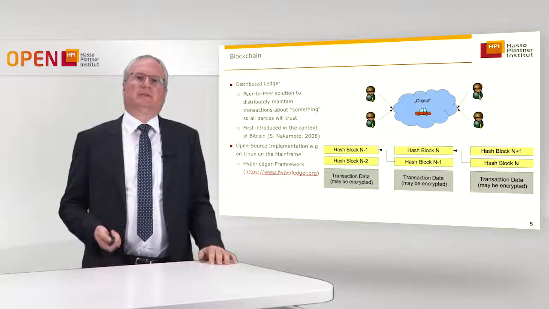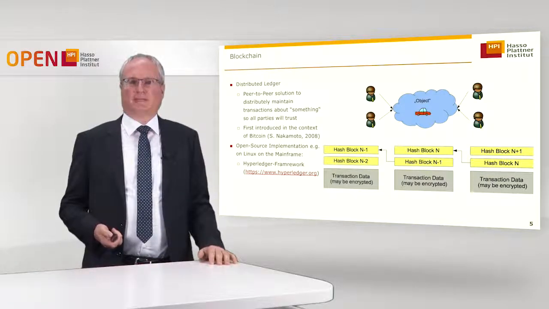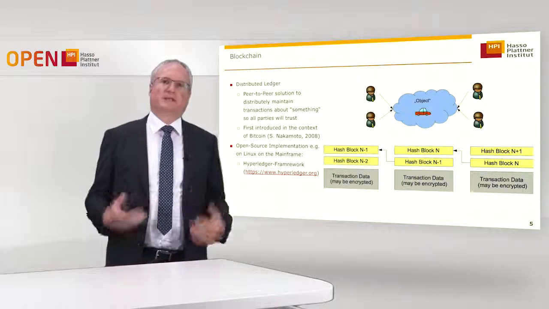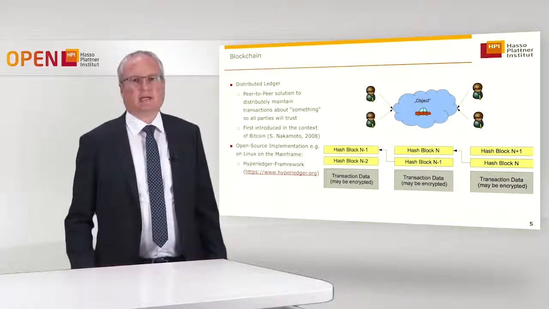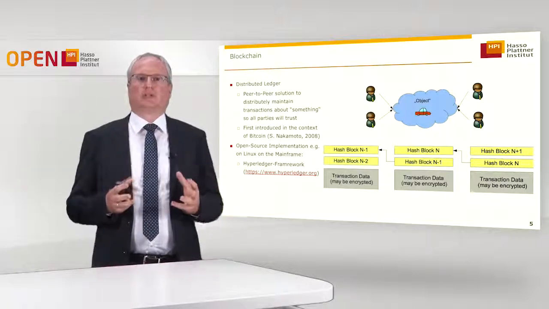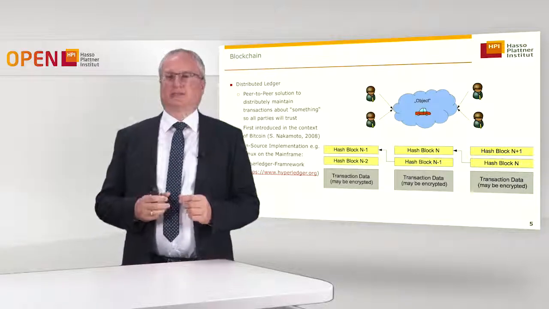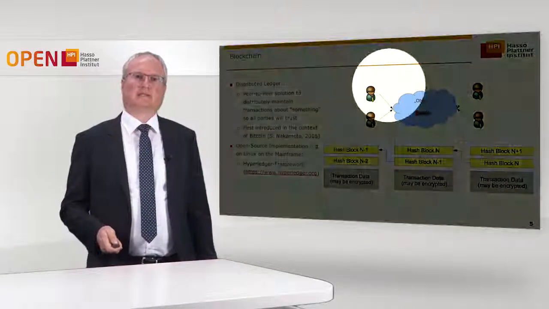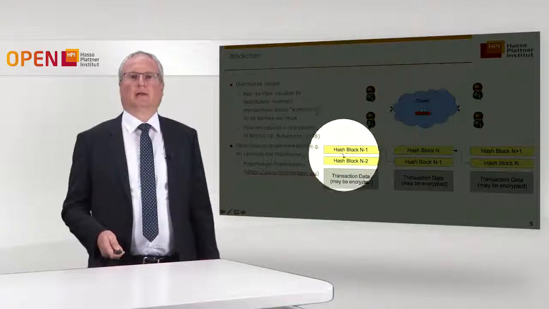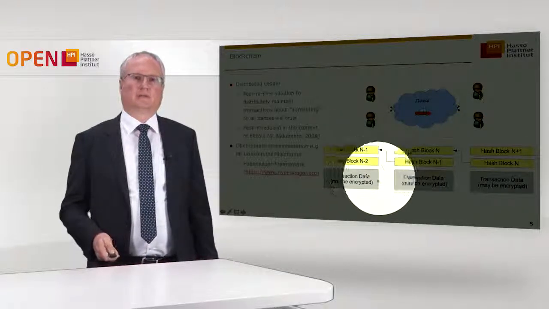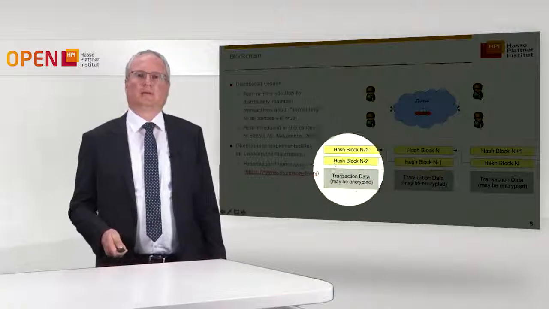And the basic idea is that you use cryptographic facilities or cryptographic concepts, in this case hash functions, to actually store the ledger in a chain of blocks, as it is sketched here. And the idea is that you have some transaction data in every block.